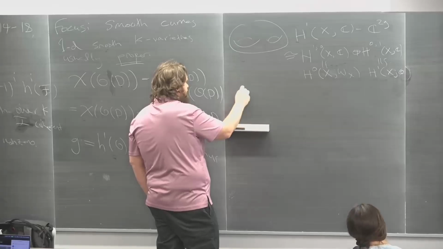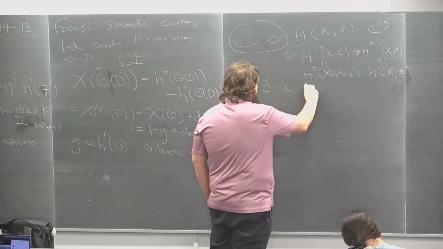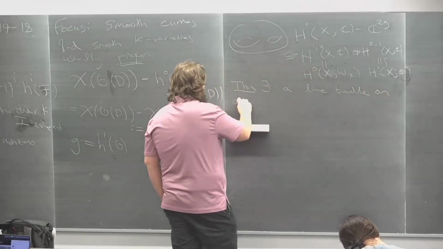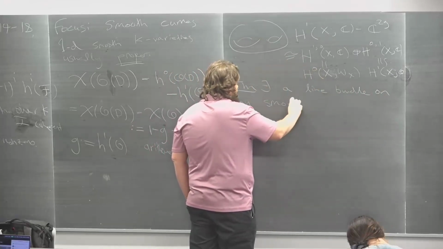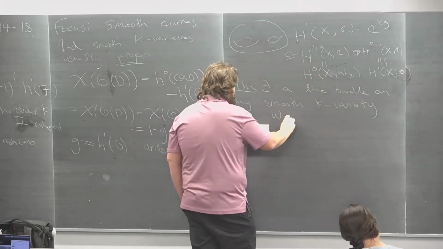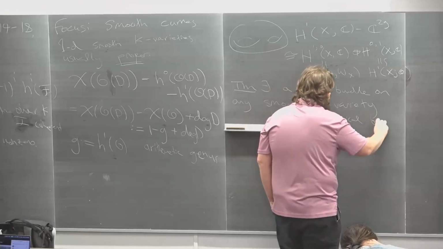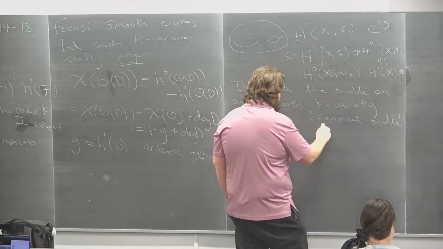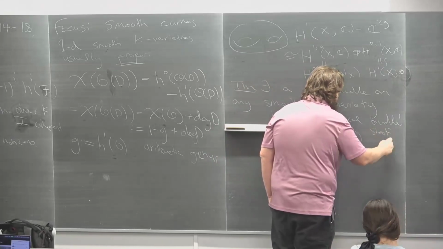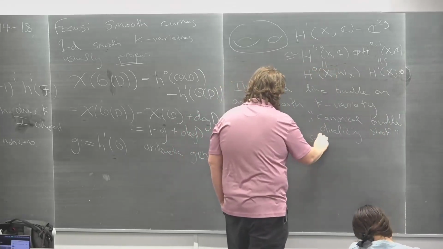So we're going to use this later, I might as well just introduce it now. There exists a line bundle on a smooth K variety, often called the canonical bundle, the dualizing sheaf, etc., whose sections are holomorphic volume forms.